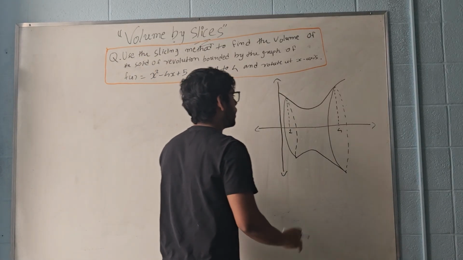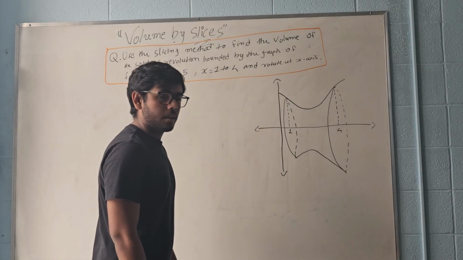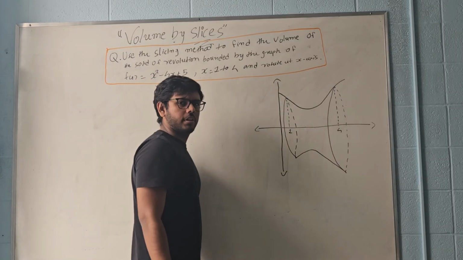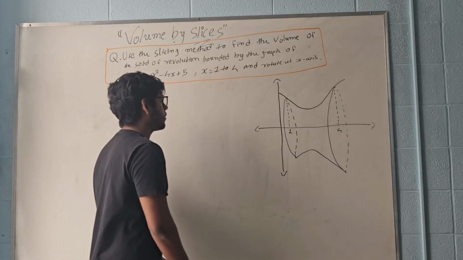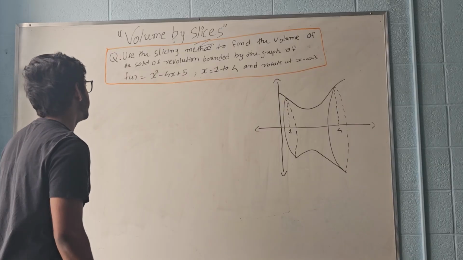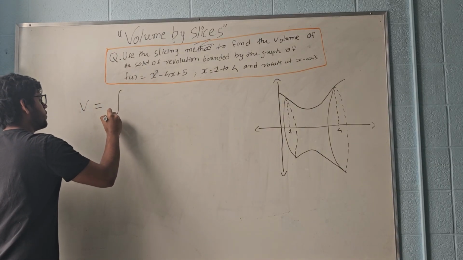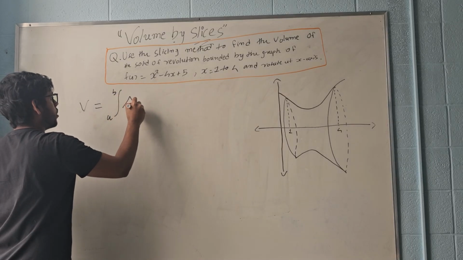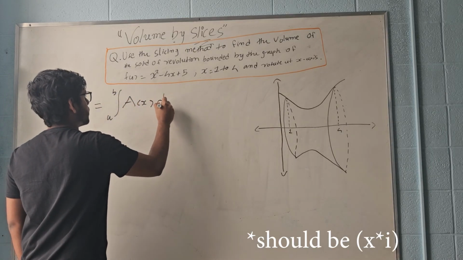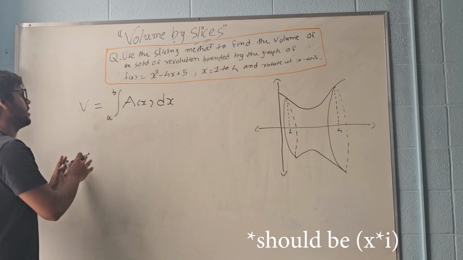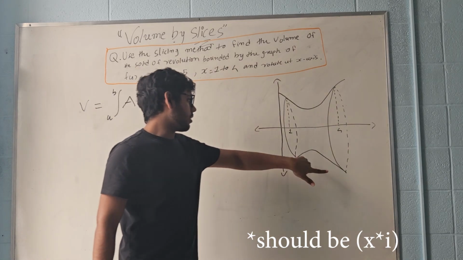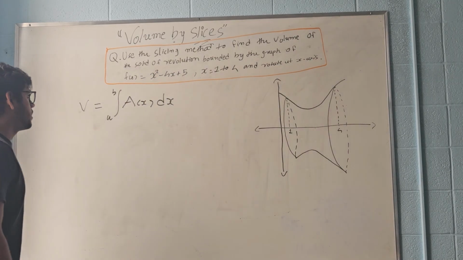You don't need to do this, but if you do, it's better for understanding, right? So we apply our main formula here. Our volume V is going to be the integral from a to b of A of x dx, the integration of the area of each slice from a to b.